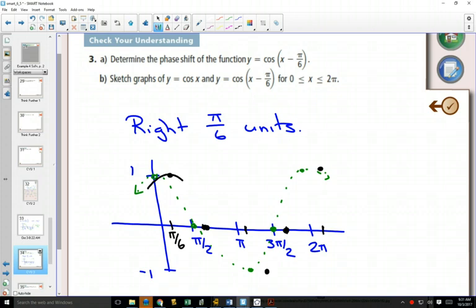So when I draw this curve through those points, this is how you would graph it if it continued on forever. We have to be careful in this question because it says only graph it from 0 to 2 pi and don't continue. So I've graphed it and I made it continue.